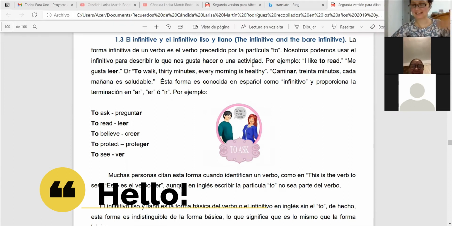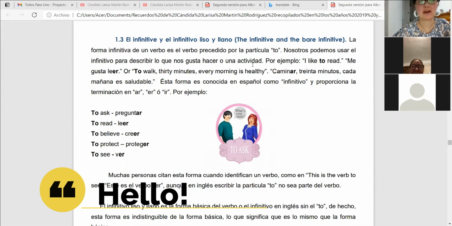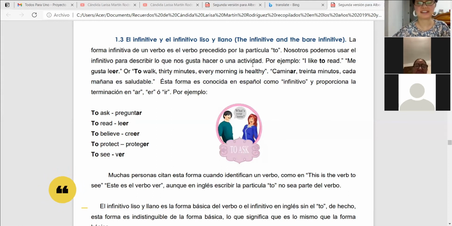In our last class, we spoke about the infinitive and the verb infinitive. I'm going to say the verb with the particle to in English, the infinitive, and please tell me what it means in Spanish, all right? To ask.